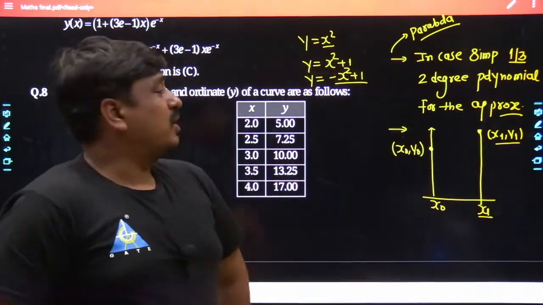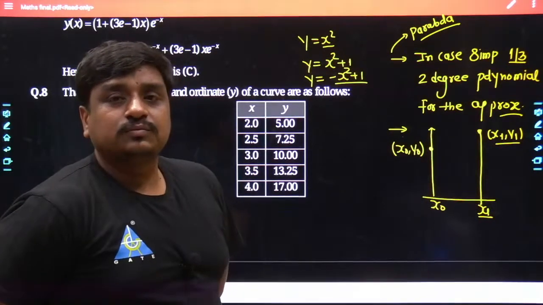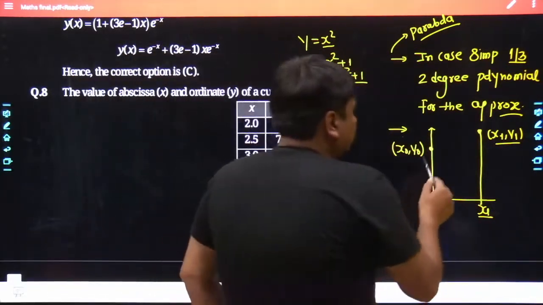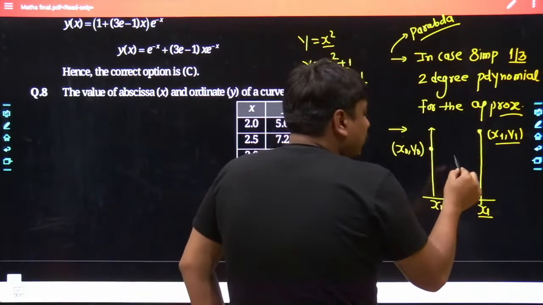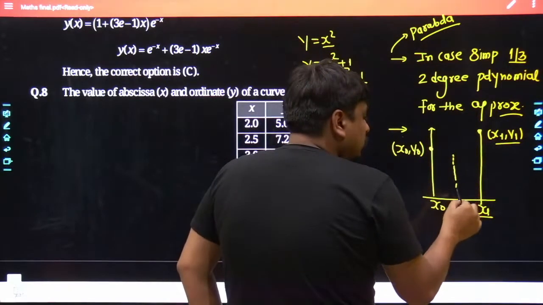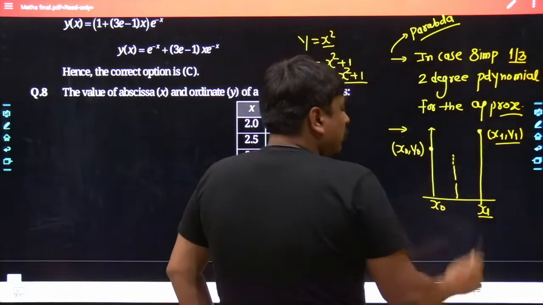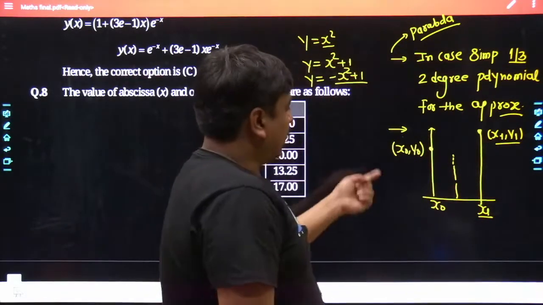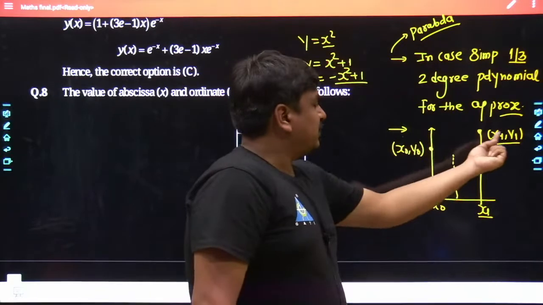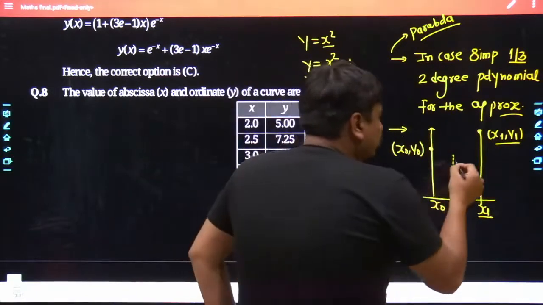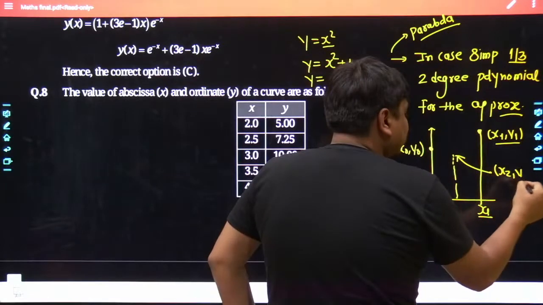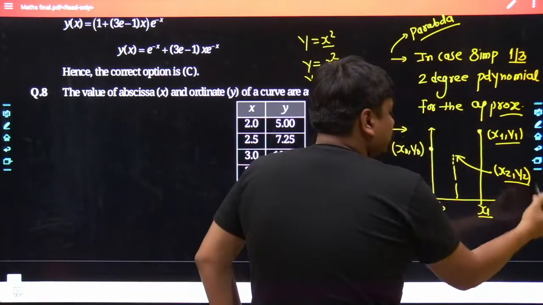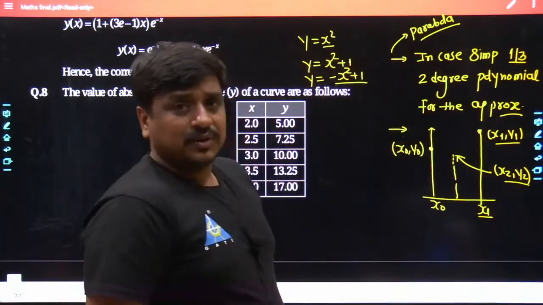But here one problem does come. May I know what? If you approximate a parabola between these 2 points, you want even one more point in between. If you are writing x0, y0 and x1, y1, you must know at least one more point in between. For the time being, you can write this as x2, y2. Just try to understand what I'm saying.